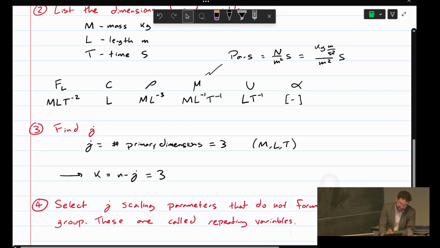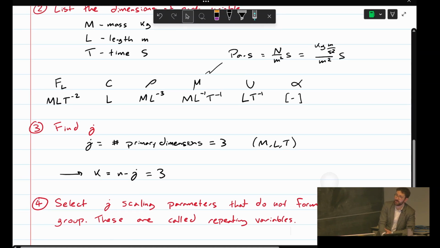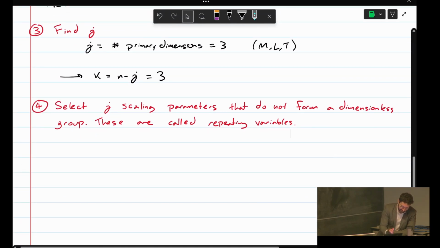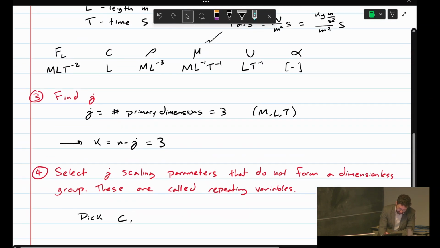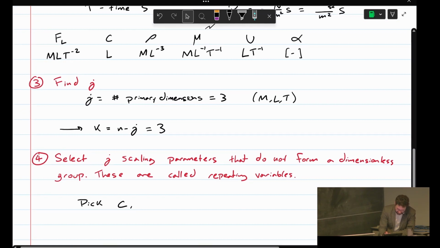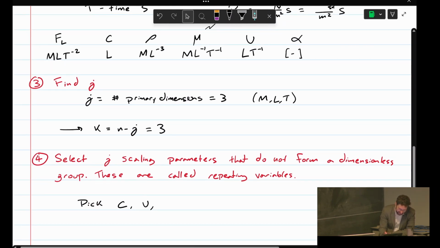what do you think is the simplest variable here? Not alpha. So what do you think is the simplest variable? C, chord length. Okay. So let's pick C. Now I'm going to pick U because I think that's a relatively simple variable, LT to the -1.